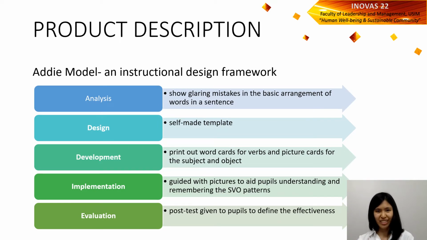This Jolly Card Sentences is developed based on the ADDIE model, which includes a 5-step process. The ADDIE model is one of the most common models used in the instructional design field to provide guidance, so we use this for our Jolly Card Sentences to guide us.